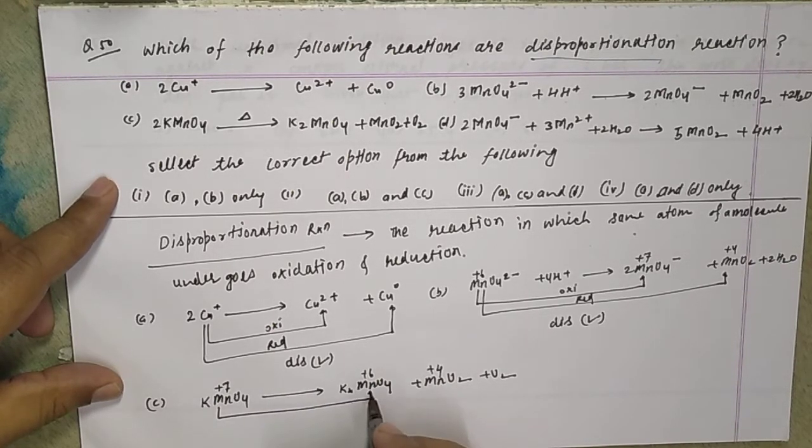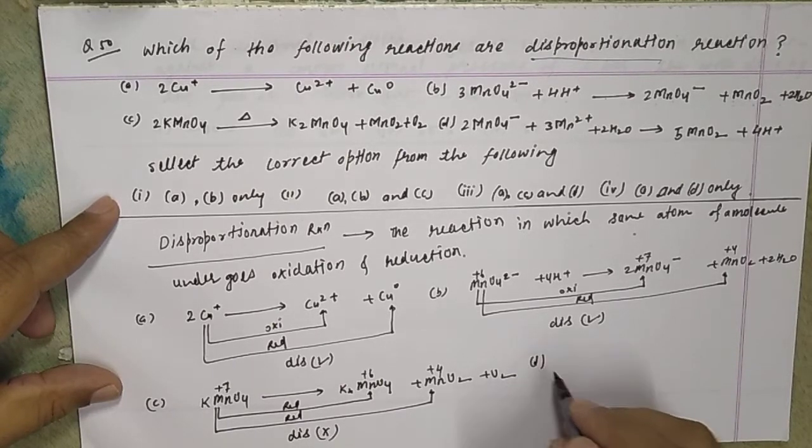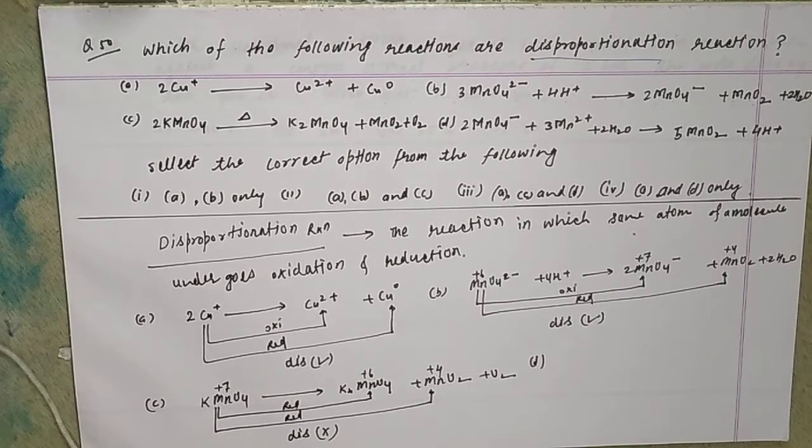So what is happening here? Both are reducing from 7. So this is reduction and this is also reduction. So this is not a disproportionation reaction.